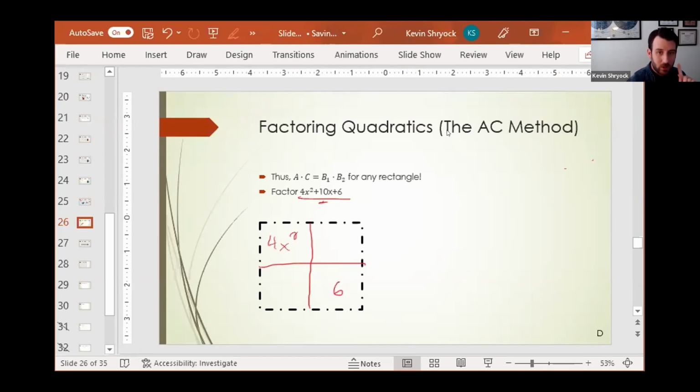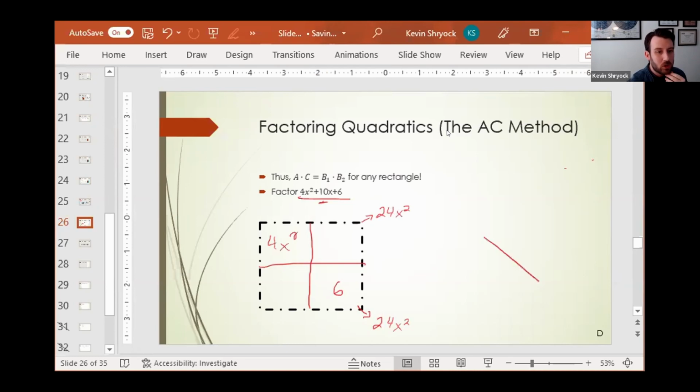Let's put the 6 down here, though. I know they share no common sides with the X squares, so I better put them as far away as possible. Well, I know from the diagonal pattern that this produces 24x squared, and that all rectangles, if I can physically construct them in the real world, must share that pattern in both diagonals.